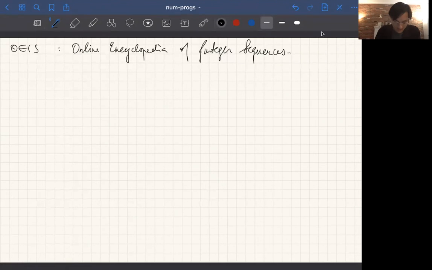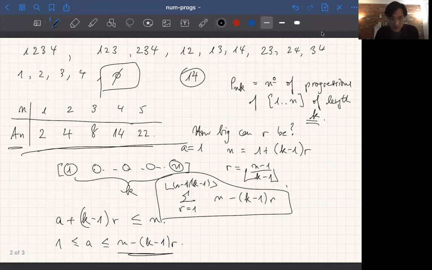So I popped it in there, this sequence 2, 4, 8, 14, 22. Once again, I think minus 1. It was like 1, 3, 7, 13, or something. And yeah, it gave this formula.